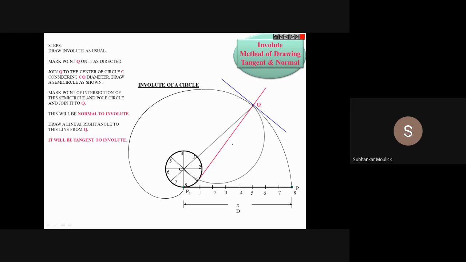Someone was asking me how we will draw this curved portion, because cycloid, epicycloid, hypocycloid and involute are all curved profiles. It is not a straight line. For that, you have to use French curve, except involute, because I have told you in the last class that in involute you get locus points which are very far apart.